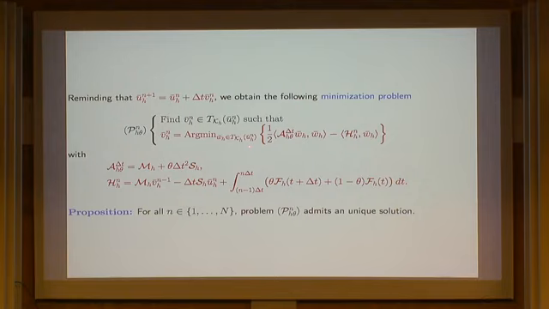The matrix which appears here is given more precisely in this form. So it is a symmetric definite positive matrix. And at each time step, we get a unique solution for our fully discretized problem. Furthermore, this is a linear quadratic problem, and we can use standard optimization tools in order to solve it at each time step.